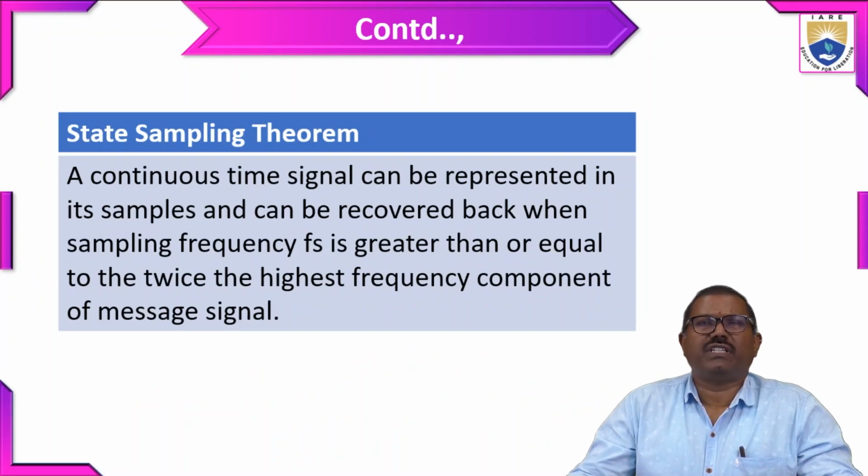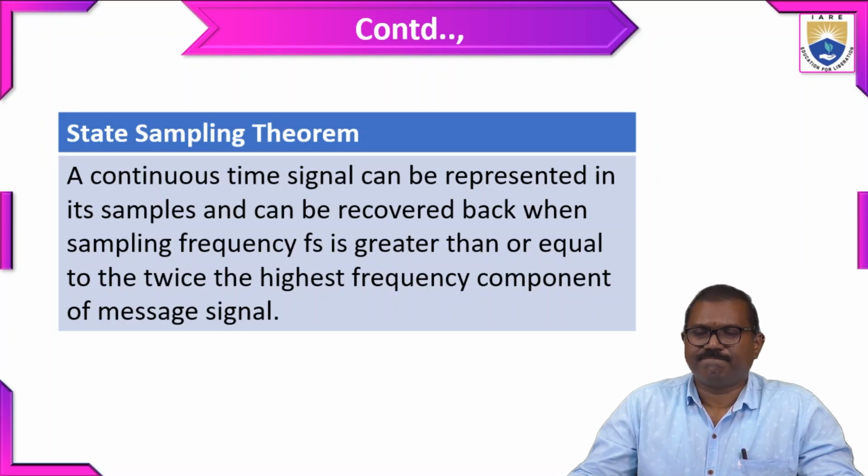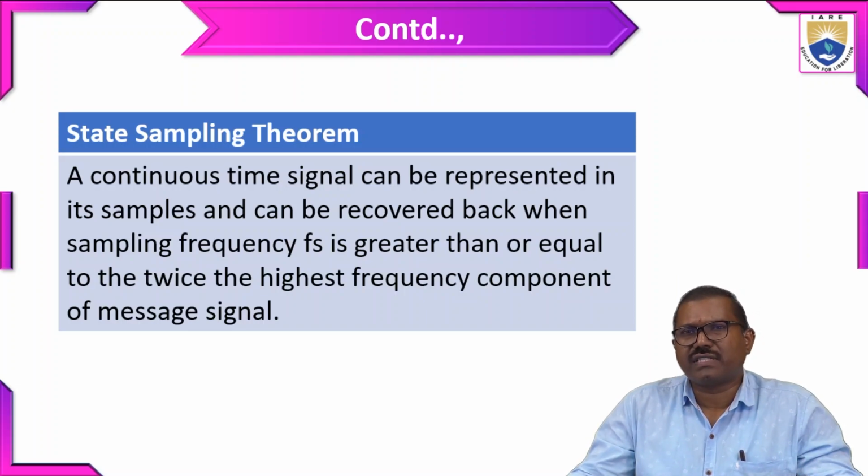Now state the sampling theorem. A continuous time signal can be represented in its samples and can be recovered back when the sampling frequency Fs is greater than or equal to 2fm. That is, twice the highest frequency component of the message signal.